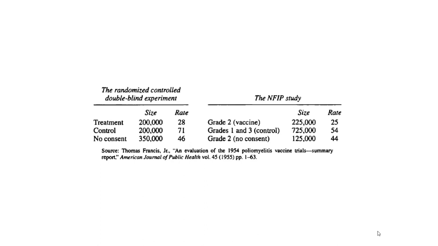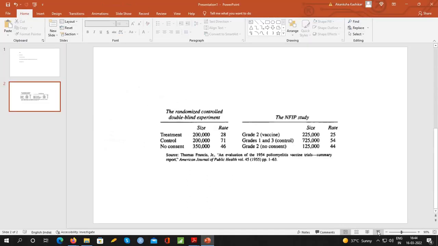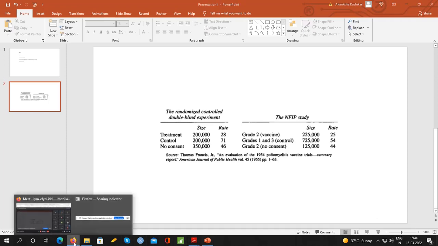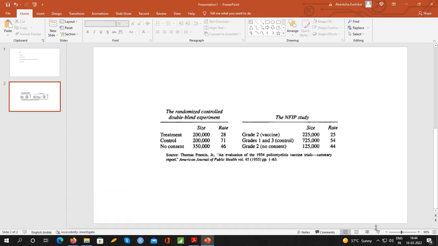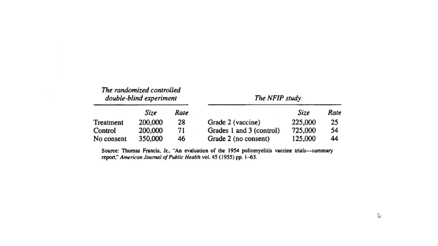What do you think? Suppose I gave the vaccine to everyone in 1953, everyone meaning children, of course, and if there is a sudden drop in the rate of polio occurrence, can I conclude that the vaccine has been effective? Yes. Okay, what about others?